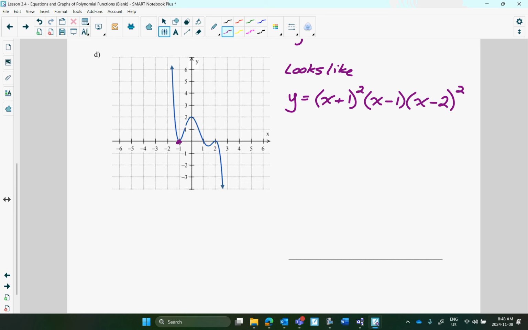Because this is a bounce back, it's a multiplicity of 2. And because this is a bounce back, it is also a multiplicity of 2. So it looks like that.